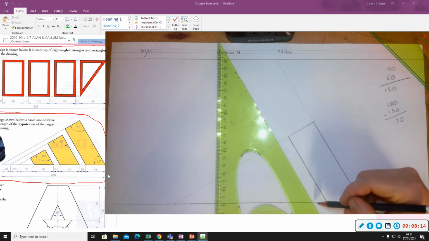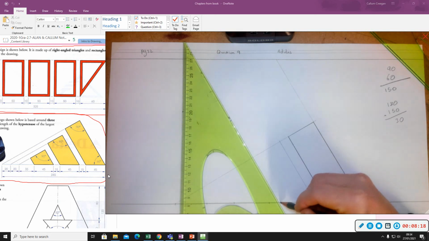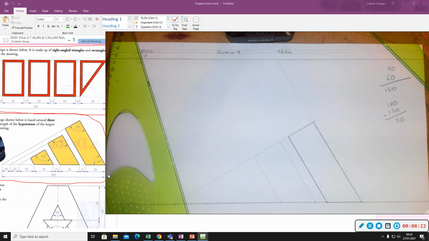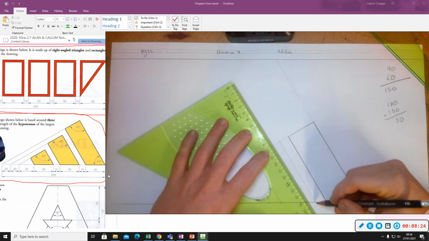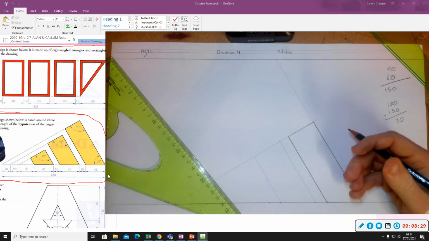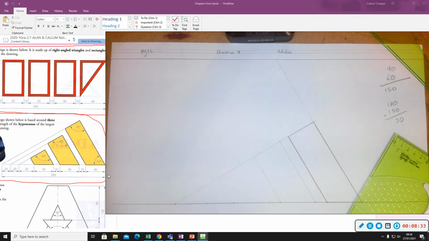Again, I just have my measurements here. I'm going up here at 60 degrees, and there I have my shape all of a sudden. We're flying it, absolutely flying it. Well, I actually don't have my shape, sorry. So even I can make simple mistakes, I nearly made one there.